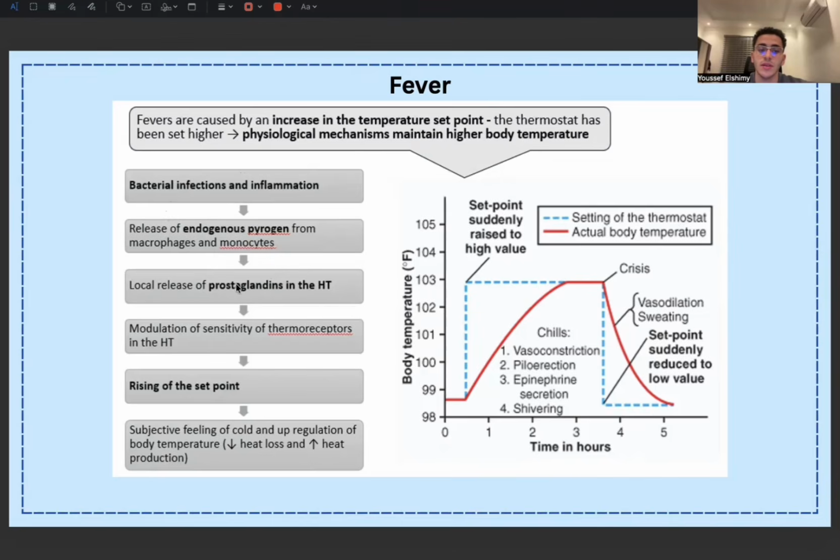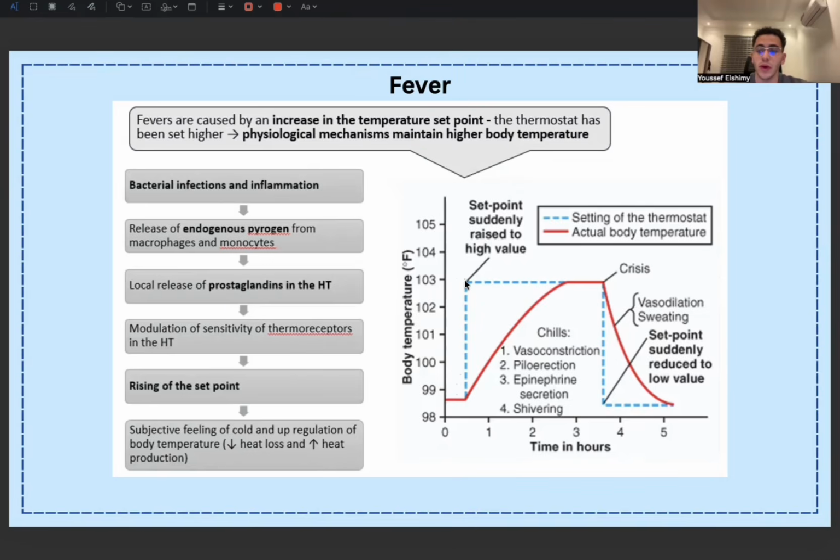Prostaglandins modulate the sensitivity of thermal receptors in the hypothalamus, and they raise the set point. So what happens here is that you get the toxins and prostaglandin production, especially prostaglandin E2. This would lead to a set point suddenly raised to a high value. So instead of the normal 37.5, for example, the set point is 39 right now.